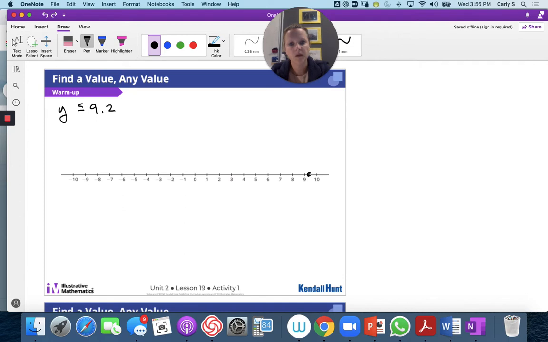That means y can be equal to 9.2 or y can be smaller than 9.2. Because it can be equal, I need to put a dot on 9.2.